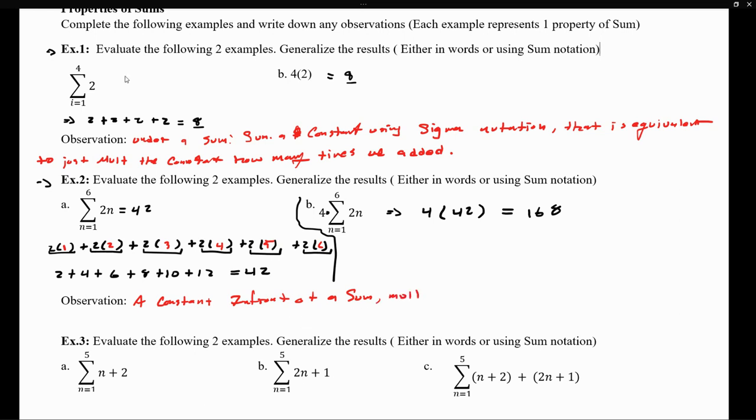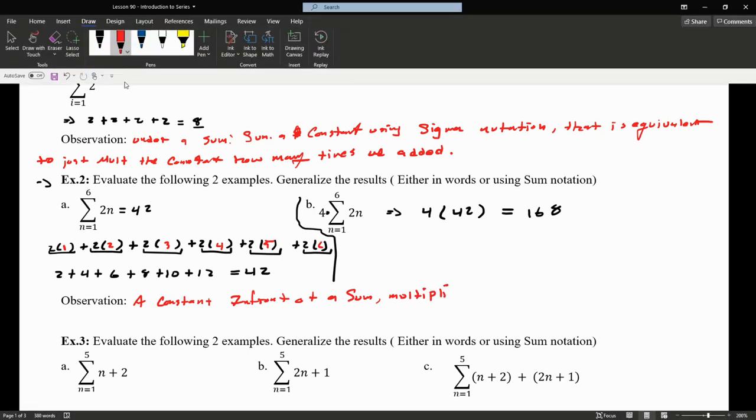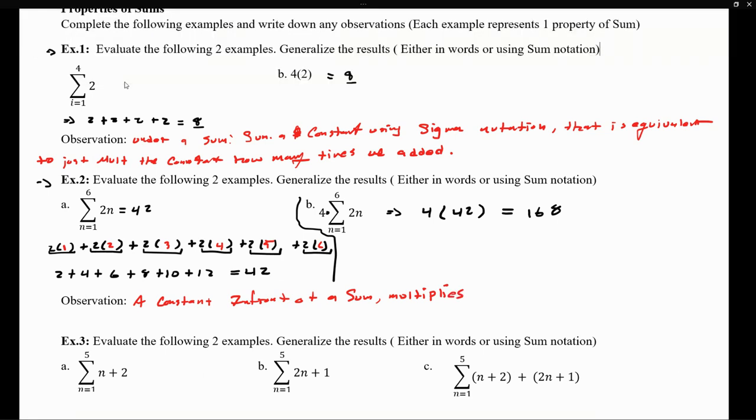What it does, it multiplies the sum by its value. So anytime that we have a coefficient in front of the sum, what we can do is identify the value of the sum separately, and whatever the result is, we can just multiply by what's in front of the sum.